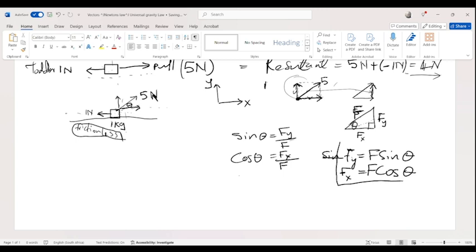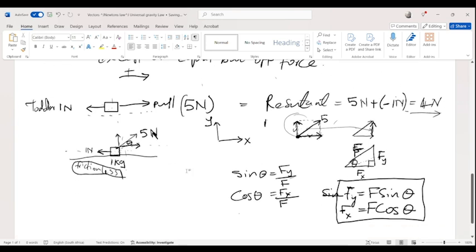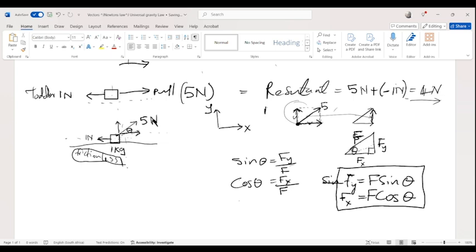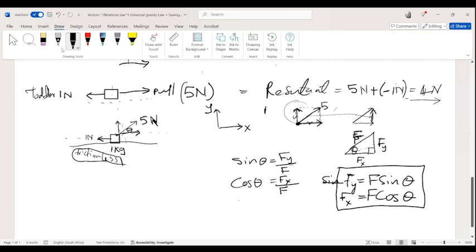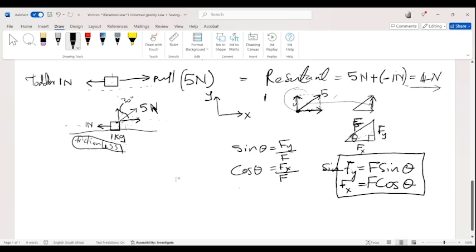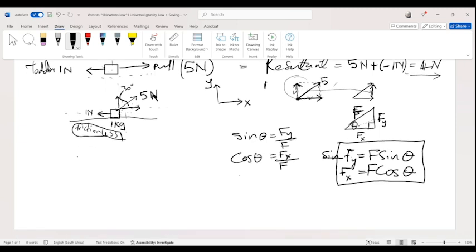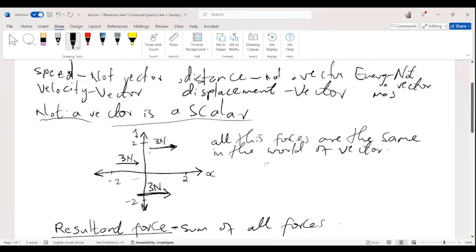Now, always put this in your mind when we are trying to resolve. So let's say, for instance, if the angle was 30 degrees, we will have the following forces that we had to resolve horizontally.